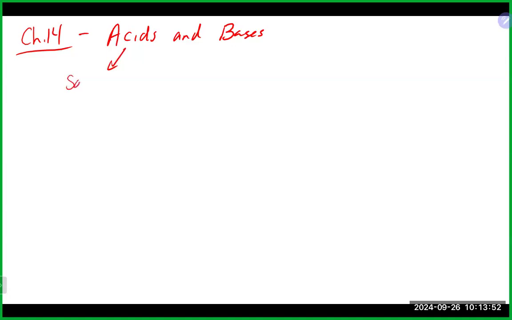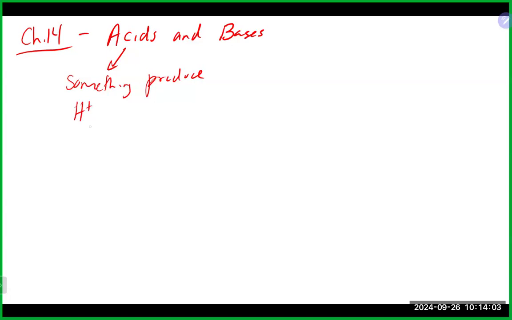Okay, so last time we started our journey here through chapter 14, didn't get too far. And this is about acids and bases we talked about. And a reminder, the definition of an acid is something that can produce H plus ions in solution.